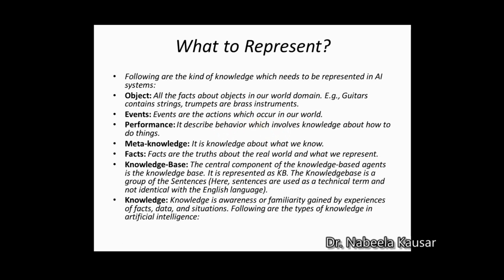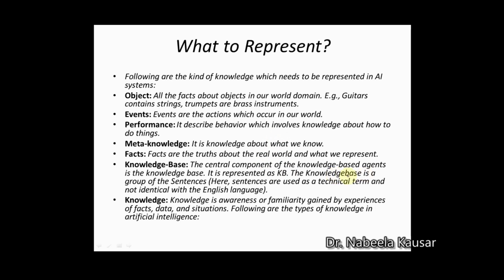Then is the metadata. Metadata can be presented as knowledge. It is knowledge about what we know. Then facts can be presented as knowledge. Facts are the truths about the real world, what we present. Knowledge base can be there. The central component of a knowledge base agent is the knowledge base.